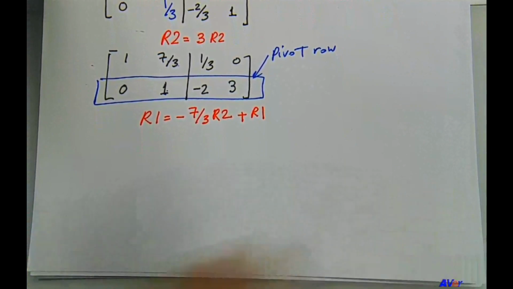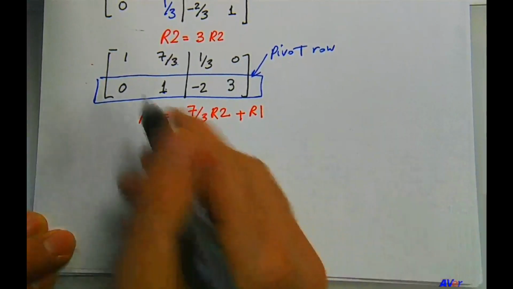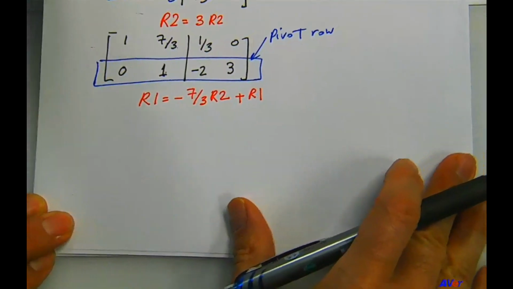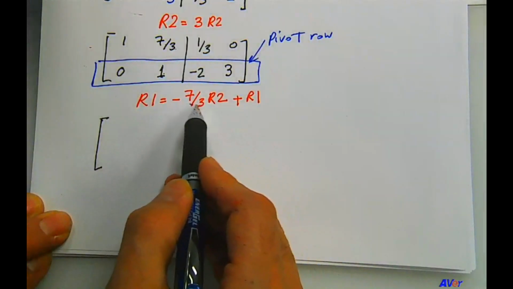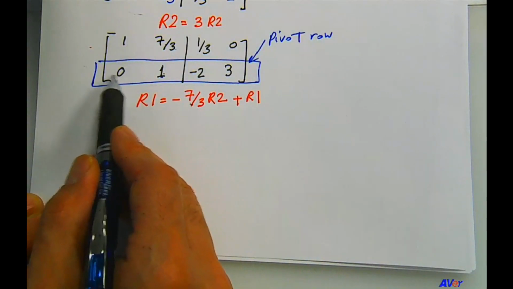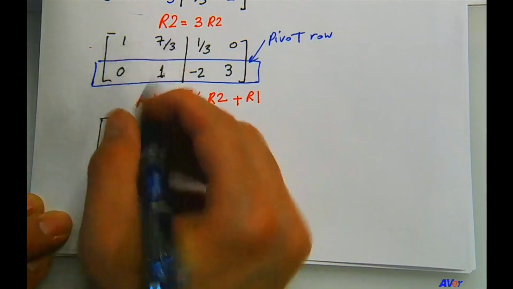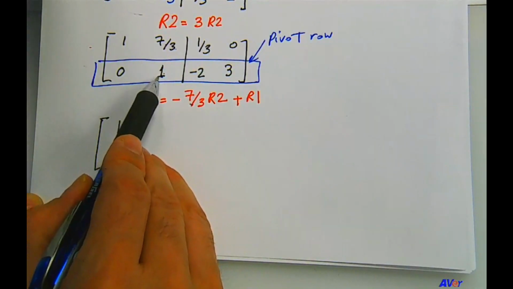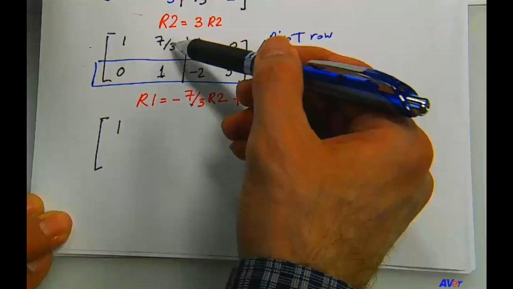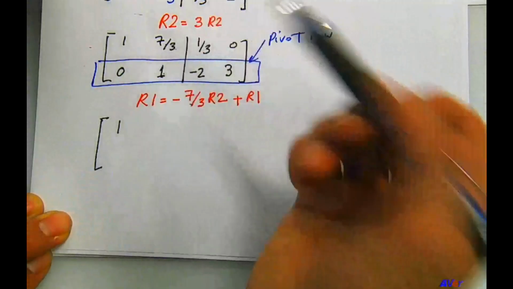Okay, so let's carry out the row operation and find the next matrix. Negative 7/3 times row 2: negative 7/3 times 0 is 0, plus 1, 1. Negative 7/3 times 1 is negative 7/3, plus positive 7/3, that's 0.